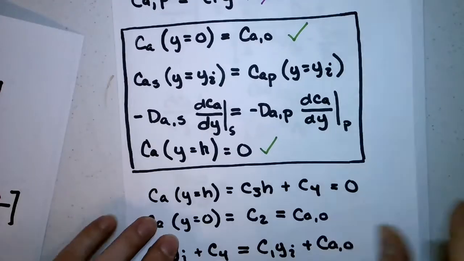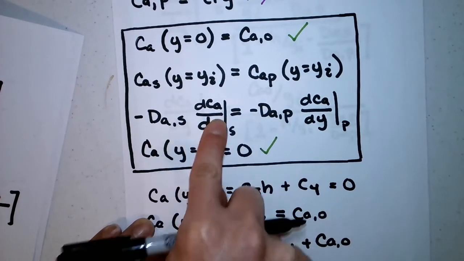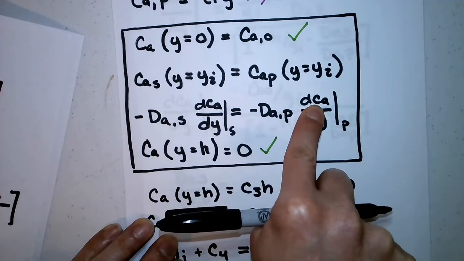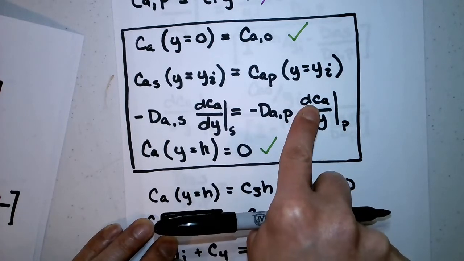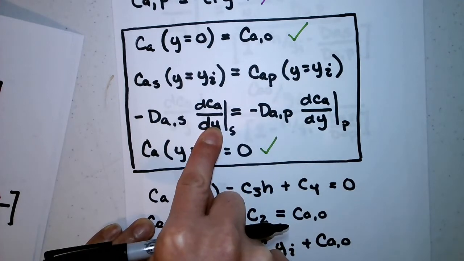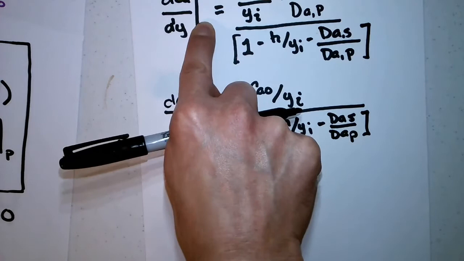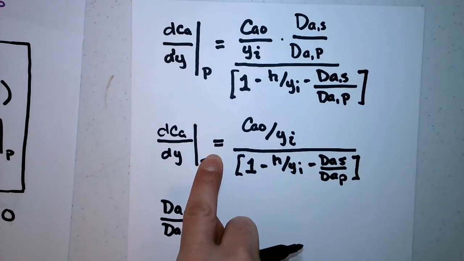Equals, so we have this diffusion coefficient over this diffusion coefficient will then equal dCA, the differential change in the concentration of A through the Pyrex over the change in the silicon dioxide. So we'll have this over this.